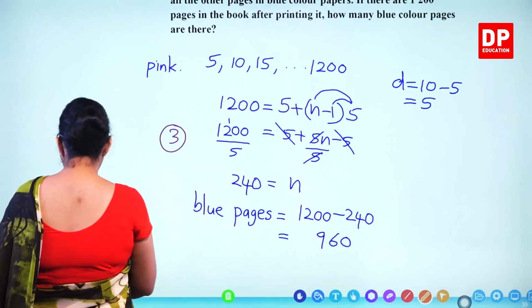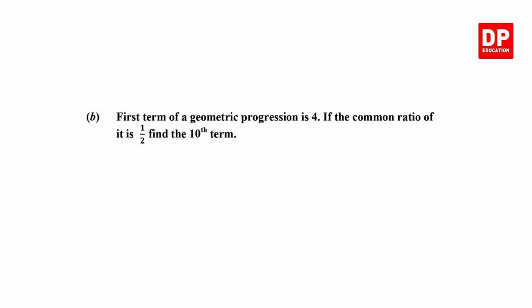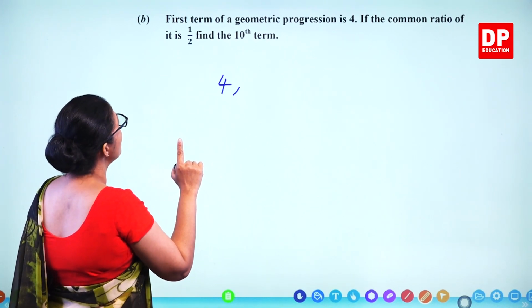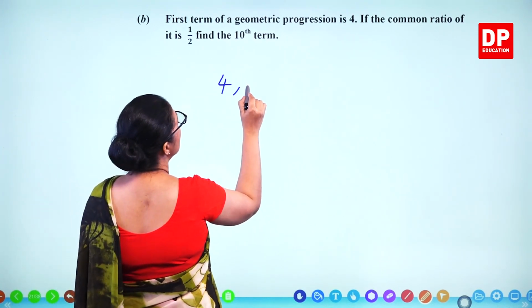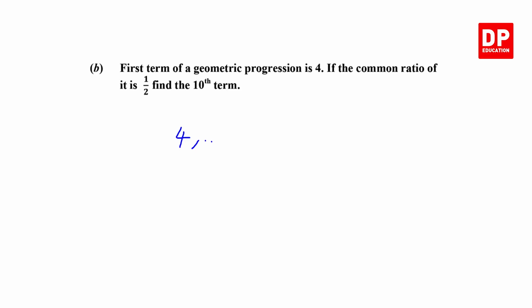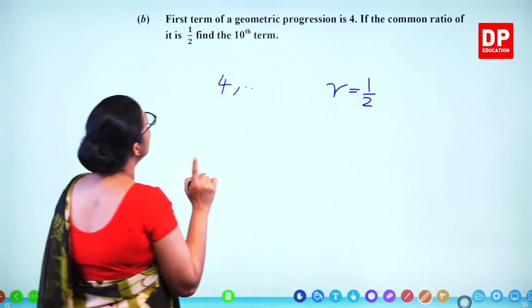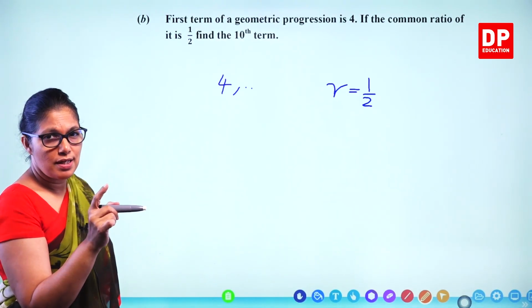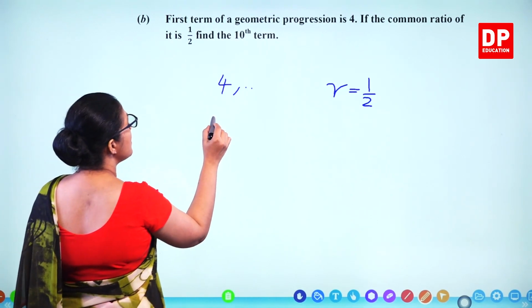Let's take the last part. First term of a geometric progression is 4. The common ratio of it is half. Common ratio r is half. Find the 10th term. So for a geometric progression, how do we find the nth term?